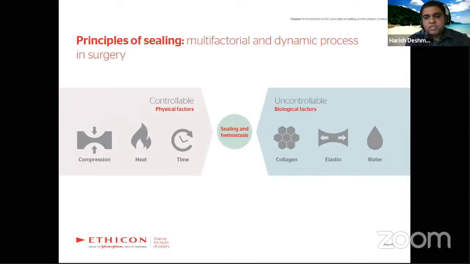The more collagen there is in the body, the better the hemostasis. With more elastin, there will be poorer hemostasis. This is well known to surgeons, so I'm not going to go into that. I'll be working more on physical factors, which are compression, heat, and time. To make it very simple, we'll call it HTC: heat, time, compression.